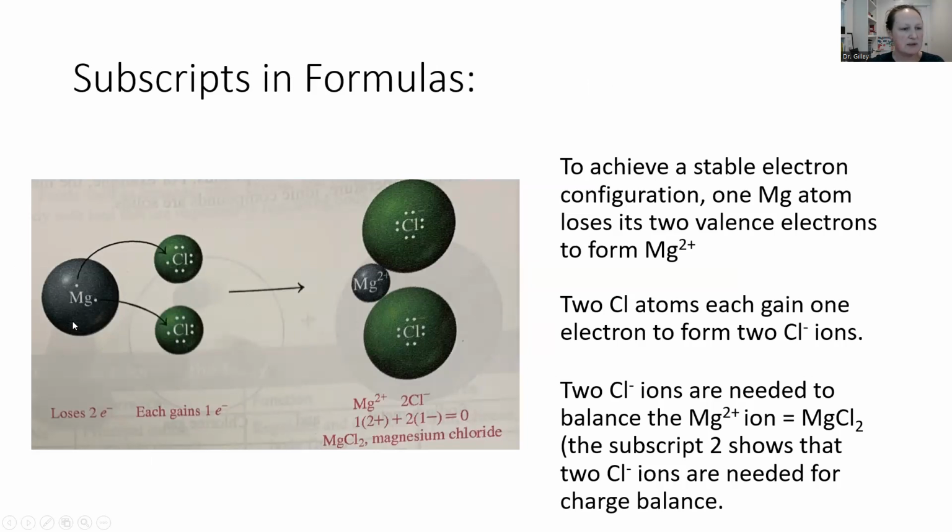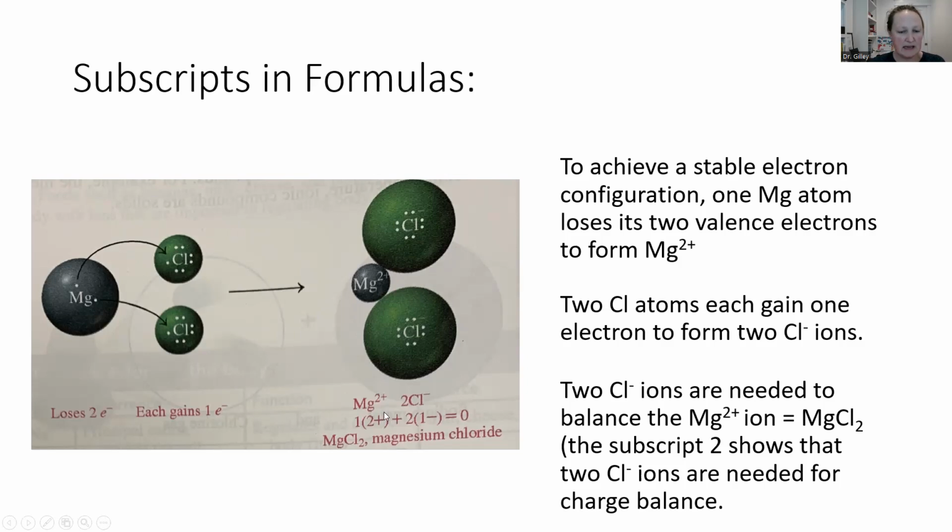This is formed from magnesium metal, which loses 2 electrons to form a magnesium 2+ ion. These 2 chlorines gain 1 electron each to form chloride ions. So for charge balance, because the magnesium is +2, we need 2 chlorides to balance out the +2 charge.